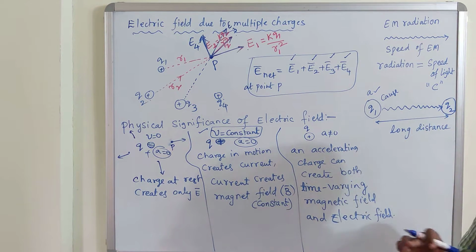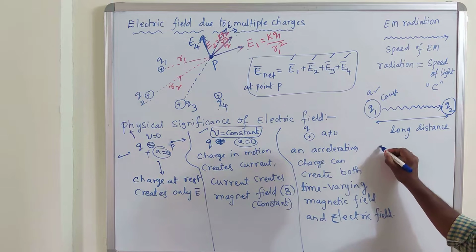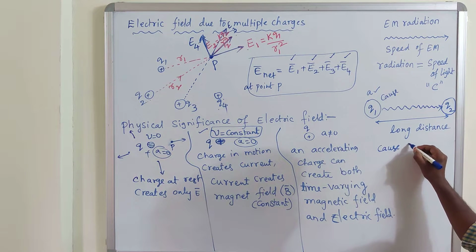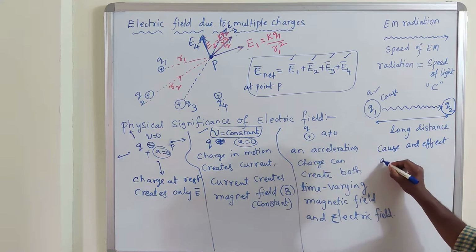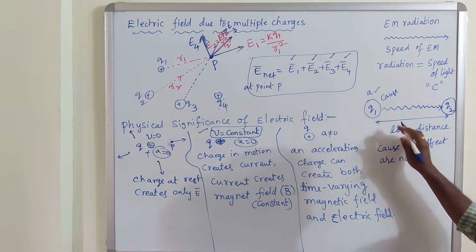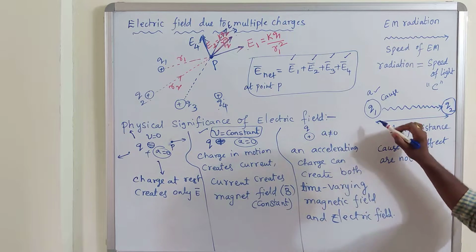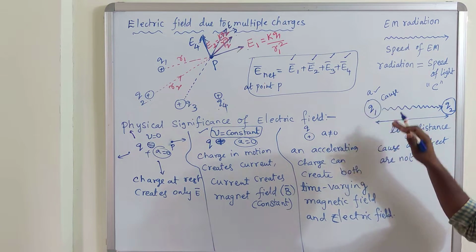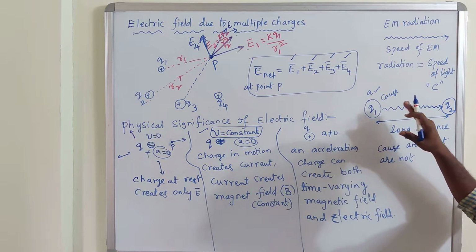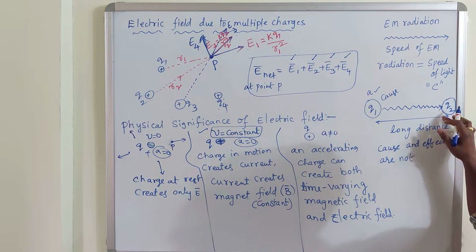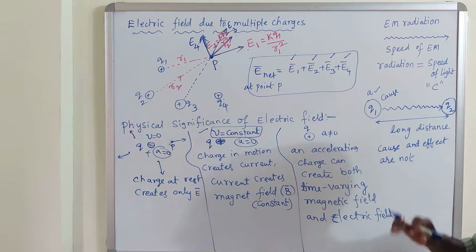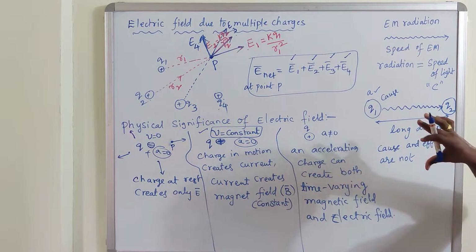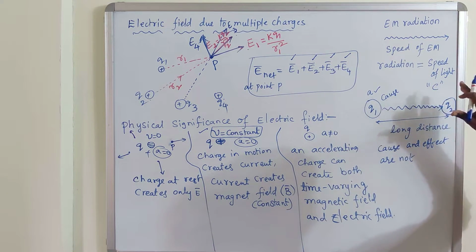Cause and effect are not simultaneous. So here what I am saying is cause and effect are not simultaneous. ఇక్కడ పెట్టగానే ఇది ఎఫెక్టివ్ కాదు. ఇదేం చేస్తుంది? An accelerated charge can create electromagnetic radiation. When that electromagnetic radiation reaches point charge q2, only then will it experience some force. Therefore, there is a time delay between cause and effect.